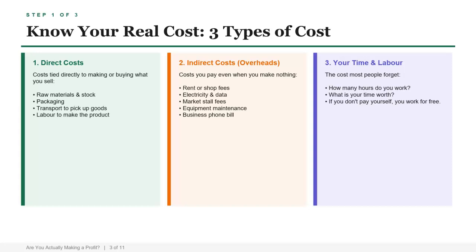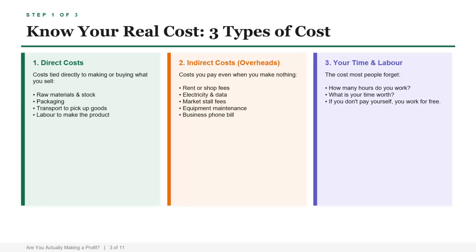Then there is the indirect cost. This includes costs you pay even when you make nothing. Costs that are static, that you always have to service when you're not making anything, such as your rent. If you have a shop that you're renting, your shop fees, electricity and data, market store fees.